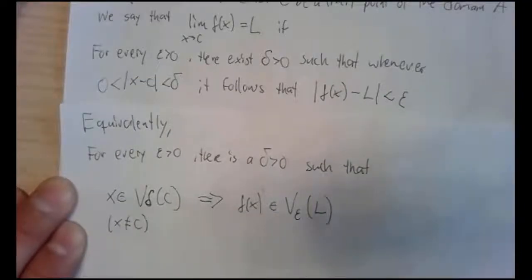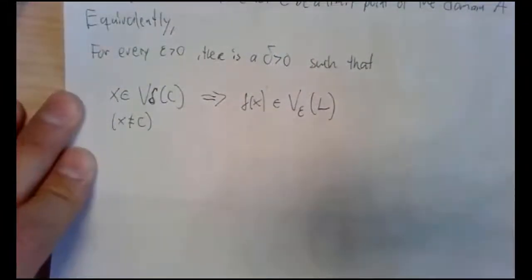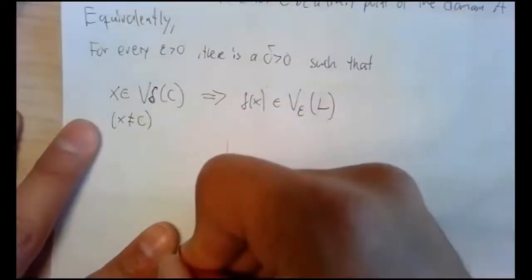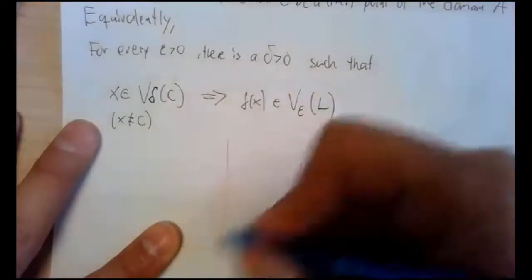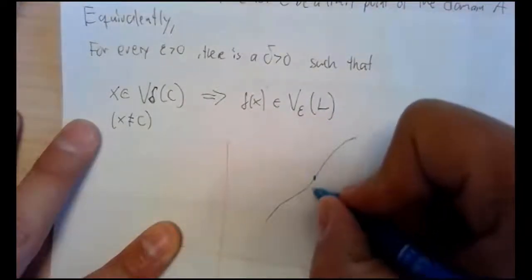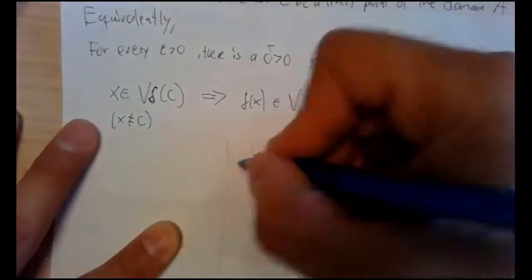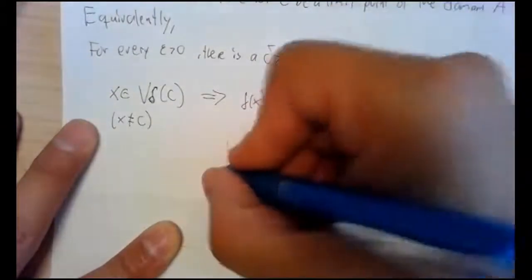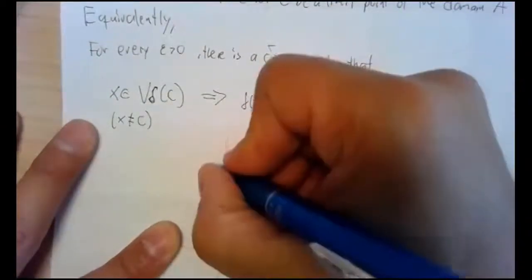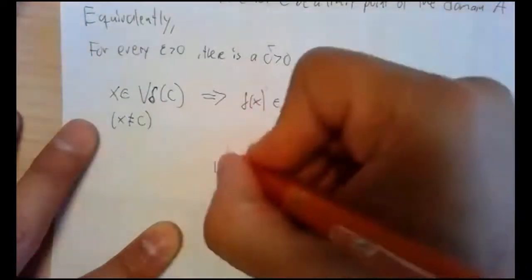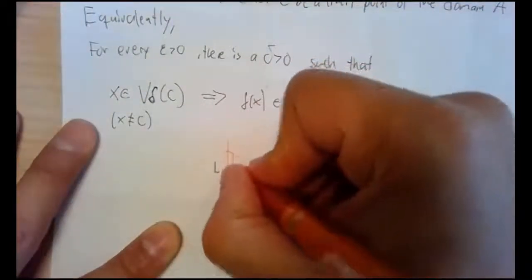We can also make a little picture about this. So let's try to make a picture about what's happening here. The picture will be like this. So we have some function, and this is the c that we're choosing. And then what we're saying is, if we want the limit to be L, you can pick an epsilon neighborhood. So you can make this epsilon.